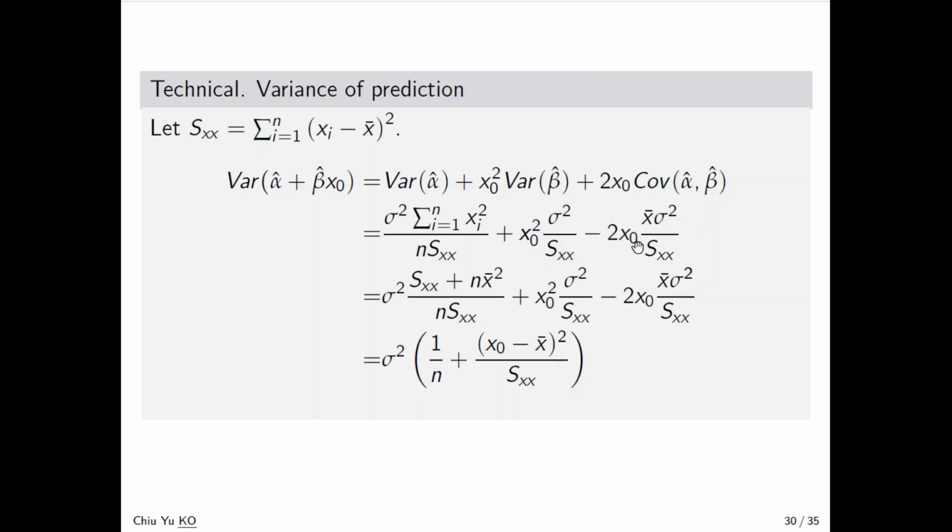We will prove this in the next slide, so let's take it for granted. Now here is the summation of xi square. You can rewrite it as Sxx plus n x bar square, because Sxx is the sum of xi minus x bar squared, which you can expand as xi square minus 2 xi x bar plus x bar square.